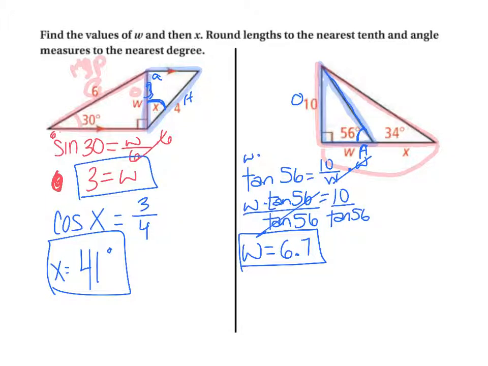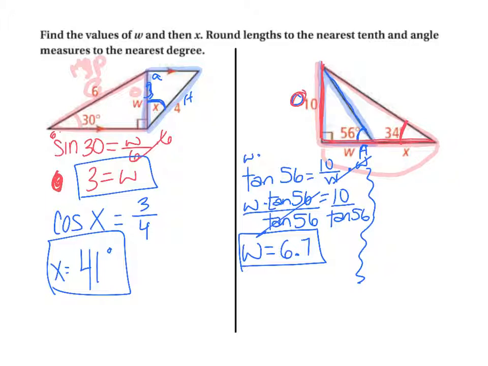All right, now I'm going to come back. I'm going to do it again. I'm going to look at my pink triangle. Now my pink triangle is the big triangle. So I'm going to be using this 34 that they gave me, 34 degrees. I know the 10 over here, that's opposite of my angle, so that's still an O. Okay, and then I'm going to be working on this whole side right here, which is adjacent to my 34.